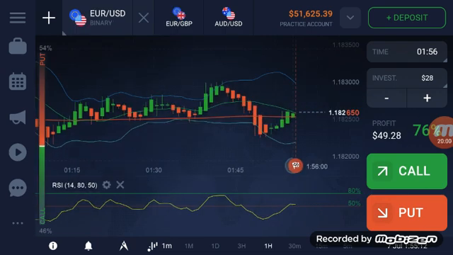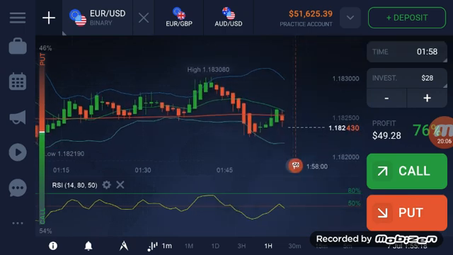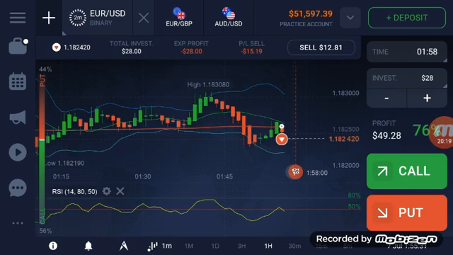Oh, Euro USD, what's gonna happen? It's gonna drop. Oh, it dropped really hard there, but we're still going down. We're still trading down. Come on, put in my trade. And we have some time for it to recover and everything.